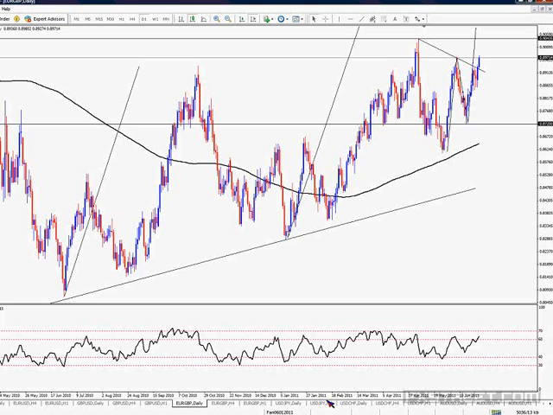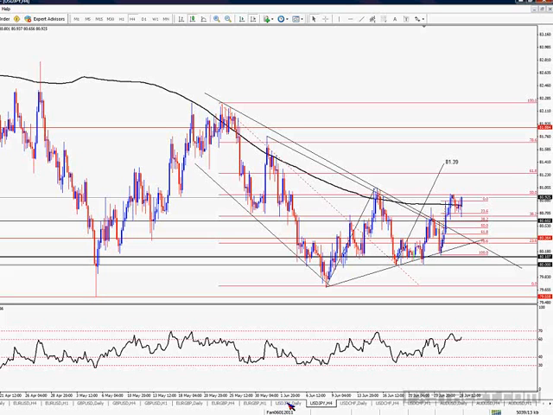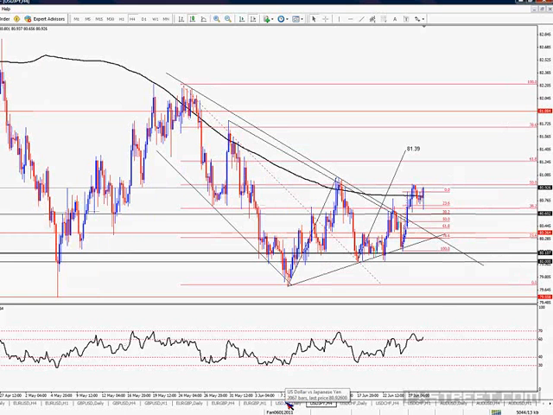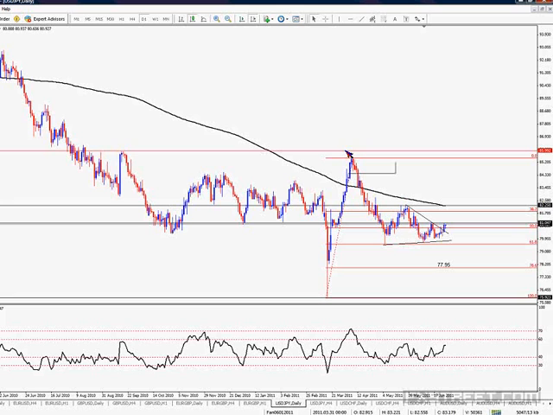Let me move on now to dollar yen. Okay, so dollar yen, in the past I was looking at this in terms of congestion. Let me go to the daily chart. After this wild volatility, I've been saying the market should be in congestion.